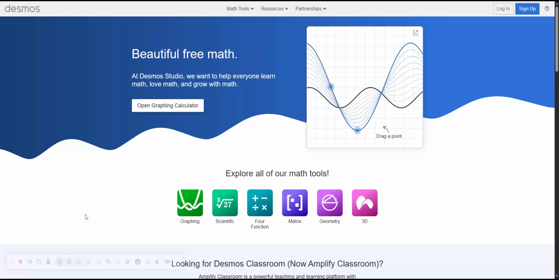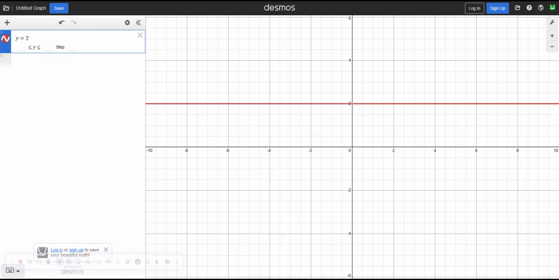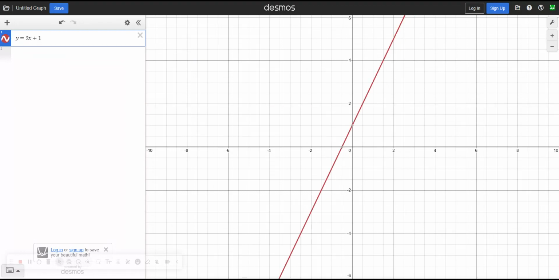All right. Now let's show the graphing function that we have here. As far as coming with North Carolina mathematical standards, let's take this equation right here: y equals 2x plus 1.